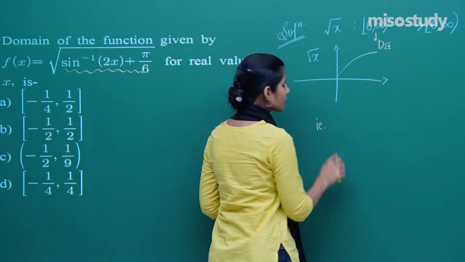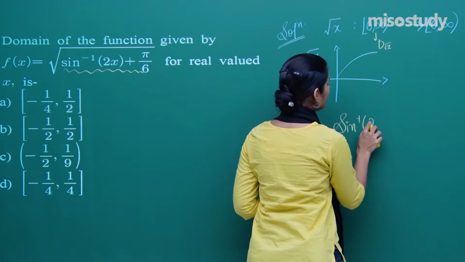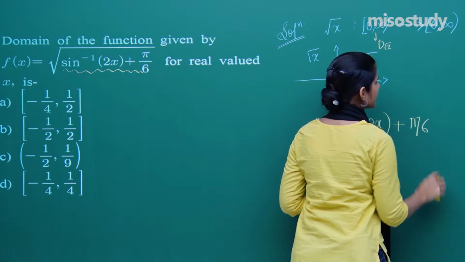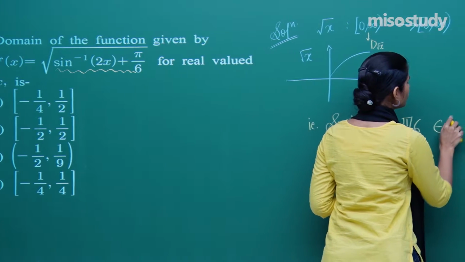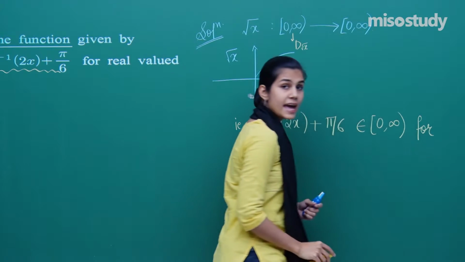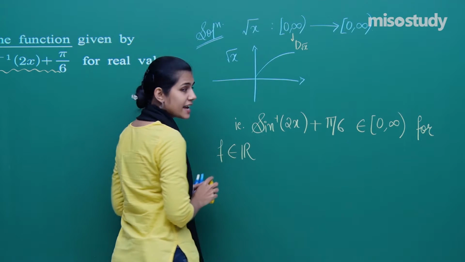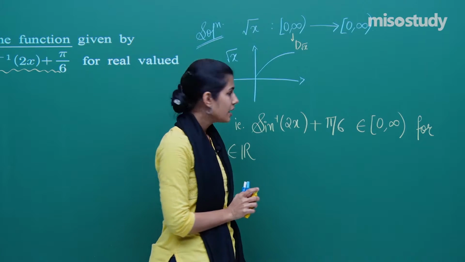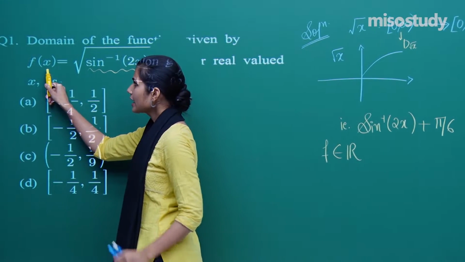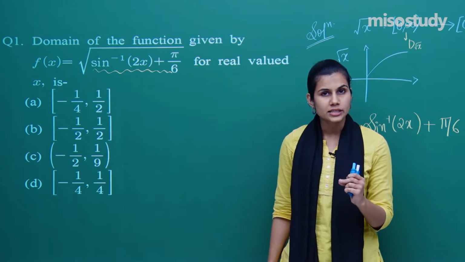What is the inside expression? It is sine inverse 2x plus pi by 6. This should belong to 0, infinity for f(x) to belong to R. Because I am interested in those values of small x coming from the collection of reals for which f(x) belongs to the collection of reals.